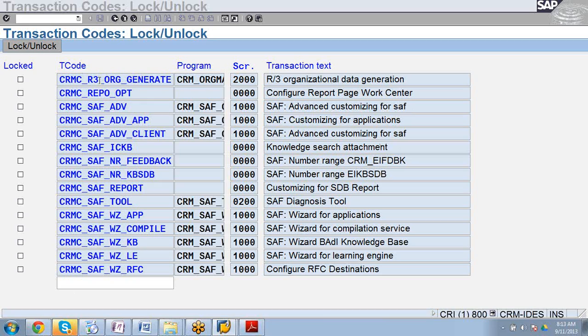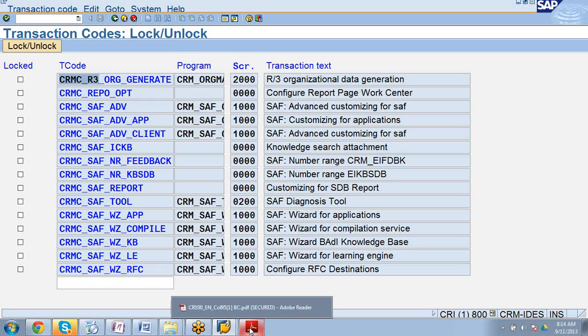If you remember the first two words, because you don't need to remember this by heart, we don't use it every day. CRMC_R3_ORG_GENERATE. Done.